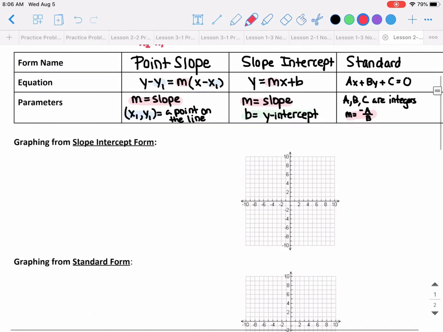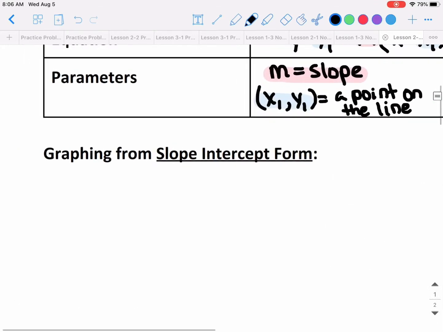Okay, so graphing from slope-intercept form. Let's say I have y is equal to negative 1 over 3 x plus 2.